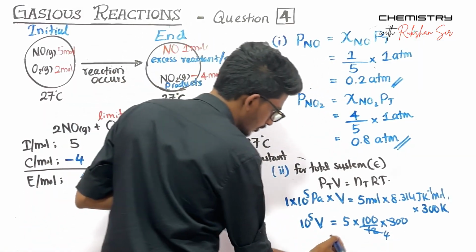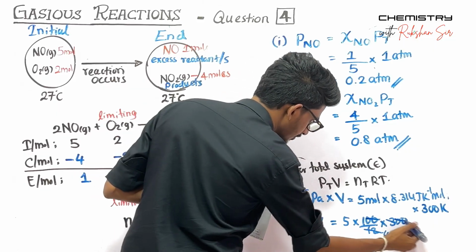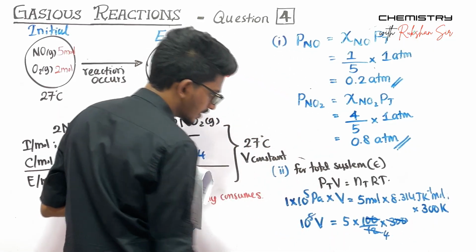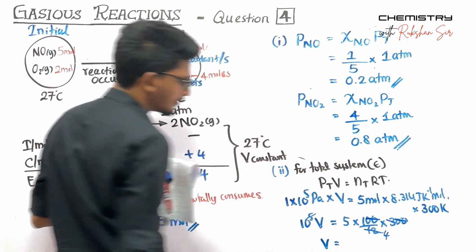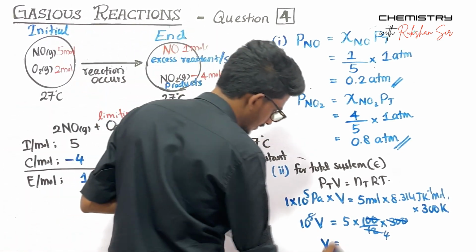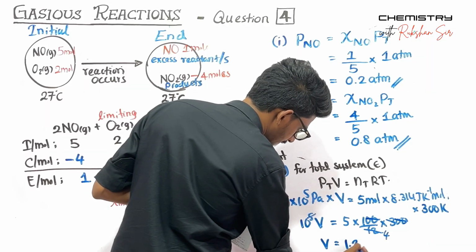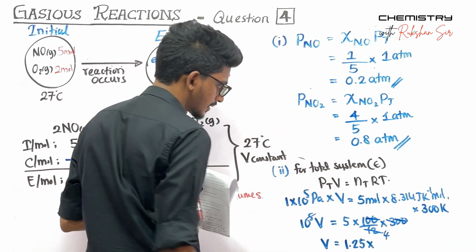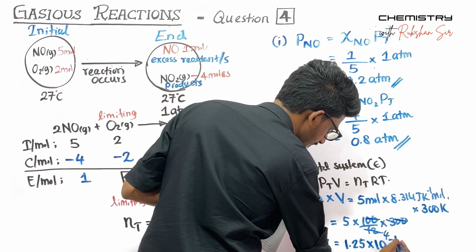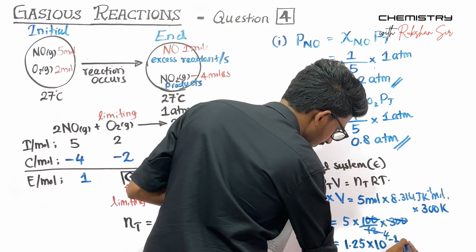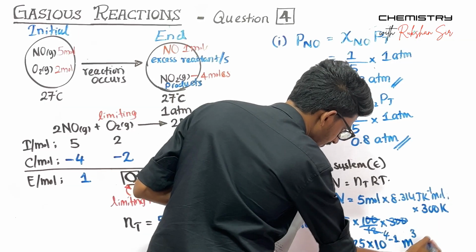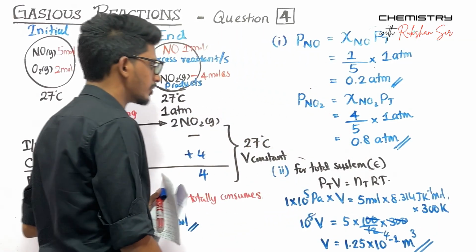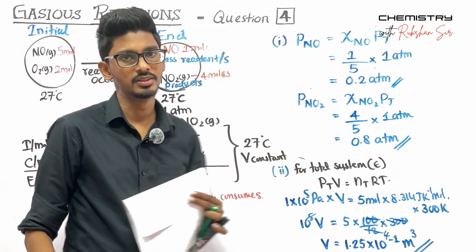So 5 over 4. These things get cancelled off. So V is going to be 5 over 4, that is 1.25 into 10 to the power minus 1. This is in meter cubed, in SI units. That is the volume of the vessel. Right? Just complete the stuff.